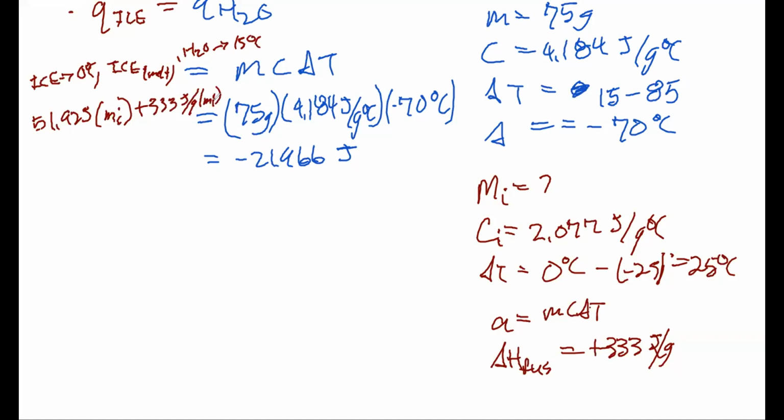All right. So now our last part is we need to take our water that we're going to make with it, and we need to use our C, 4.184 joules per gram degrees Celsius.